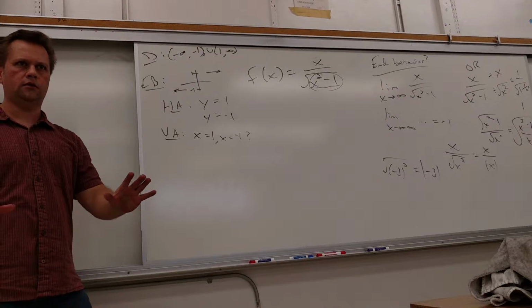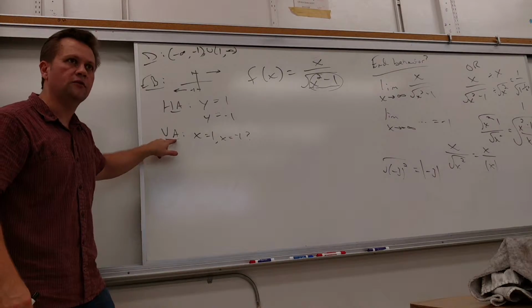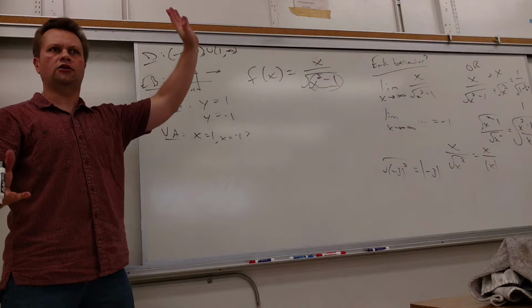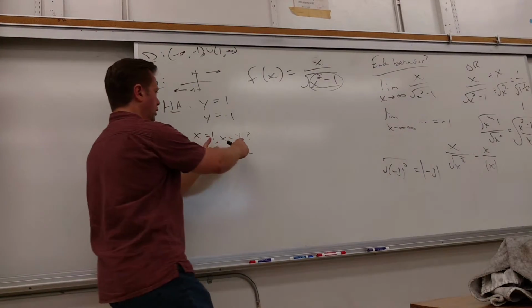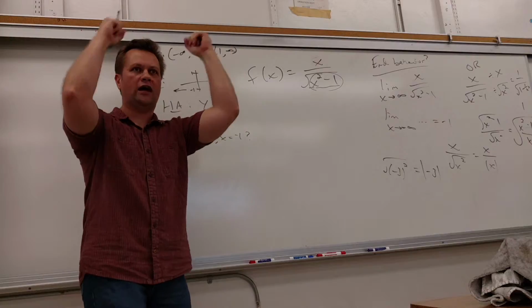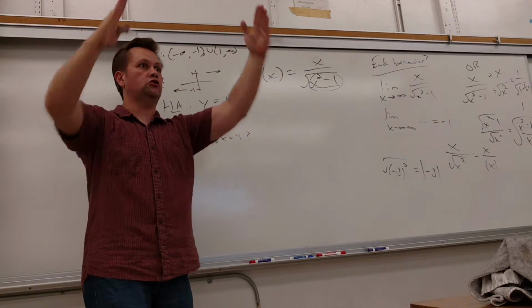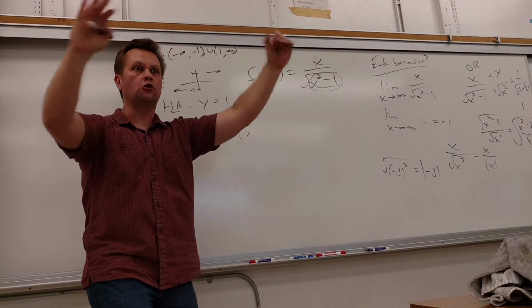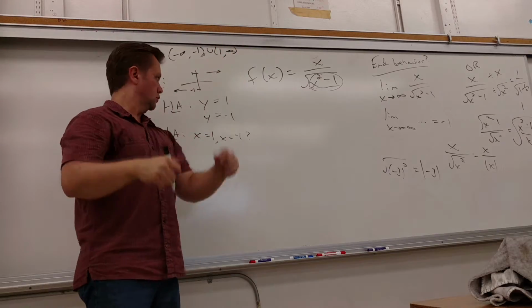Maybe. Because remember, where do vertical asymptotes come from? The things that are left out of the domain. Now the whole chunk in the middle, in between negative 1 and 1 is just empty space. But right at negative 1 and 1, something strange is going on. Either open circles or asymptotes. Okay.